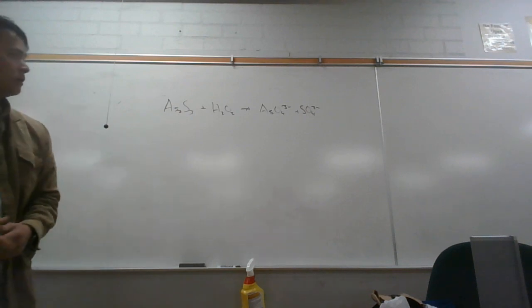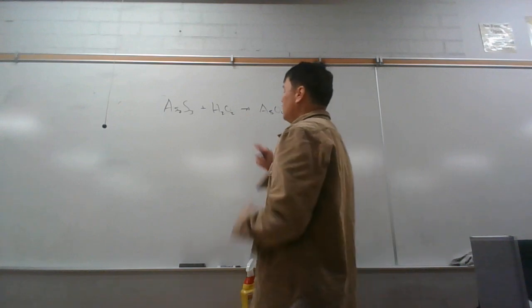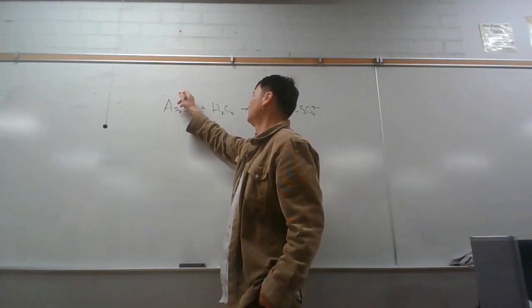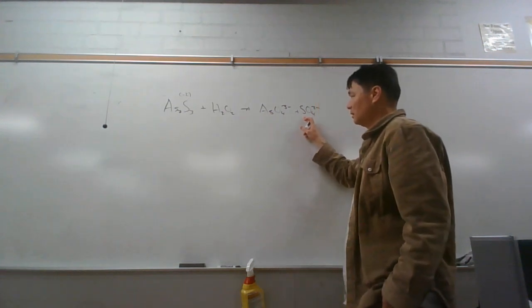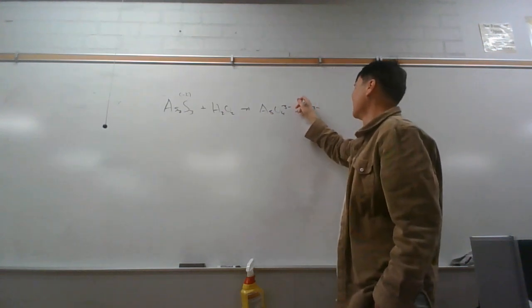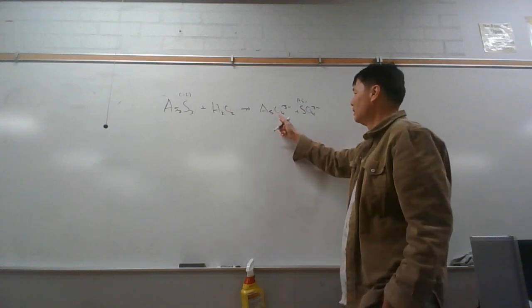When we look at this, though, we definitely oxidize sulfide. We went from -2 to, what's this over here? +6. And so we definitely oxidize sulfide. But what happened to arsenic?